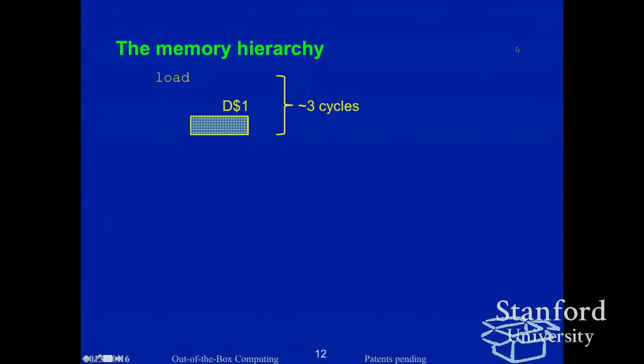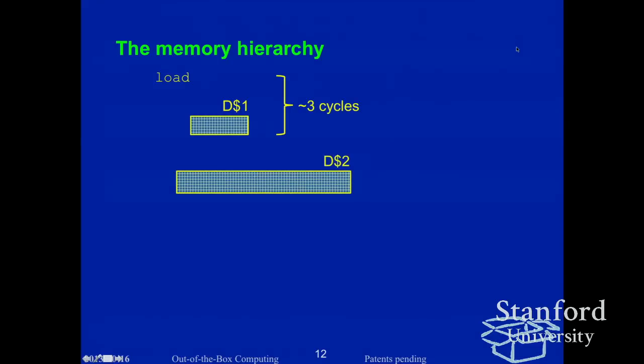The hardware engineers who do processors put blood, sweat, toil, and tears into making that as fast as possible because it is on the critical path for all program execution. And they can get it down to 3 cycles for many architectures.